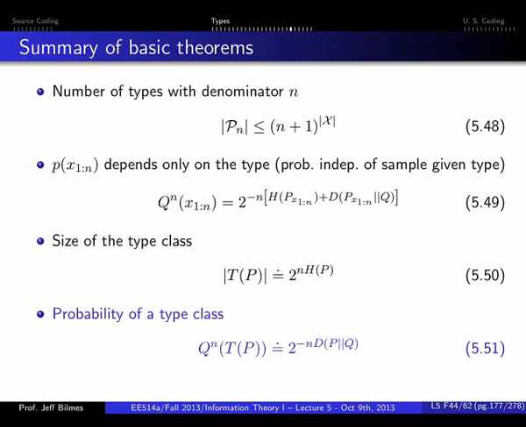We have the probability of a type class, which is essentially 2 to the negative n times the Kullback-Leibler divergence. So polynomial growth, exponential decay, potentially exponential decay, assuming that the Kullback-Leibler divergences are constant, but they're not.